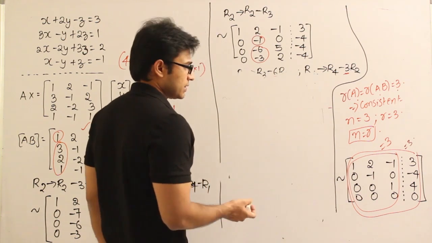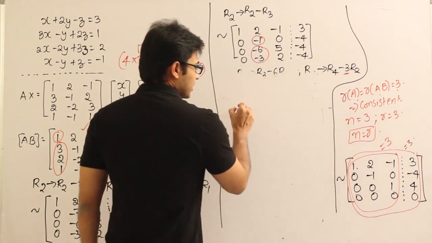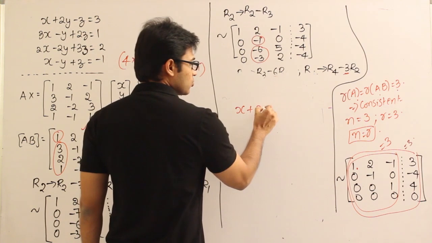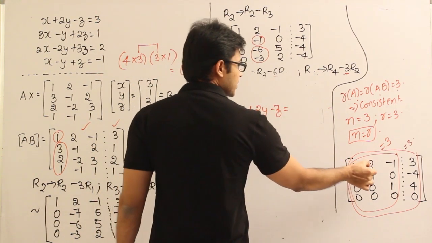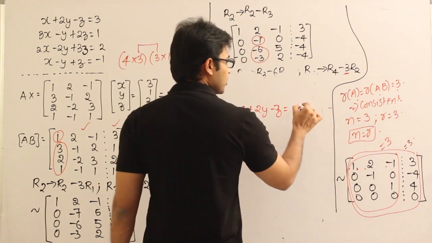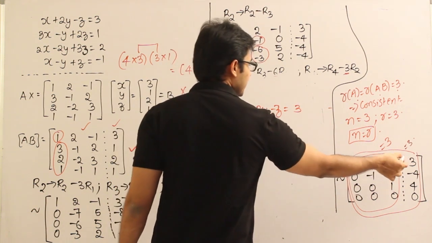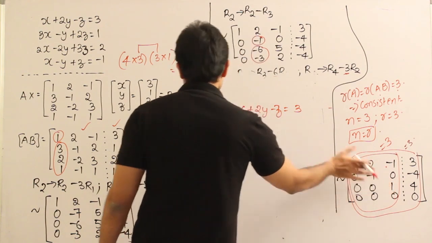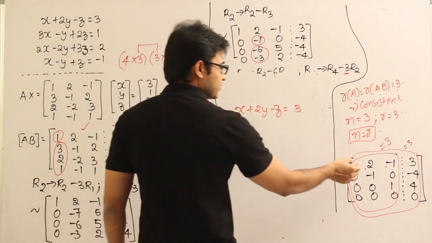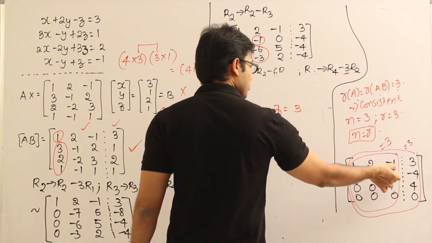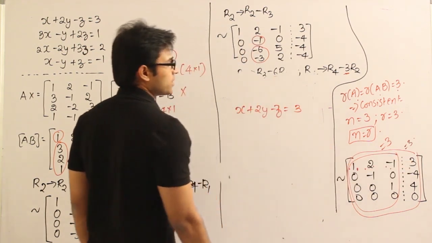If you observe, this one can be written as x plus 2y minus z equal to 3. If you are not able to directly write it like this, you again write it in the form of Ax equal to b and expand it. The first one is x coefficient, y coefficient, z coefficient, and on the right hand side you have to put 3, that's it.